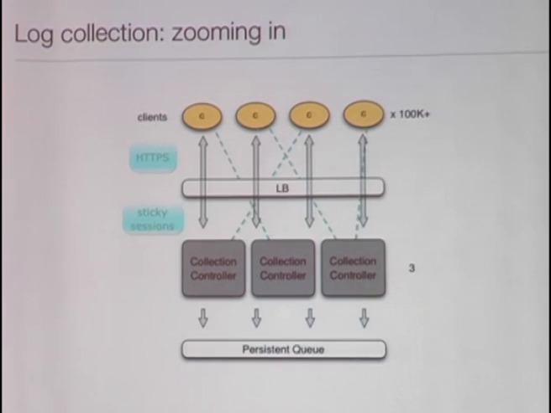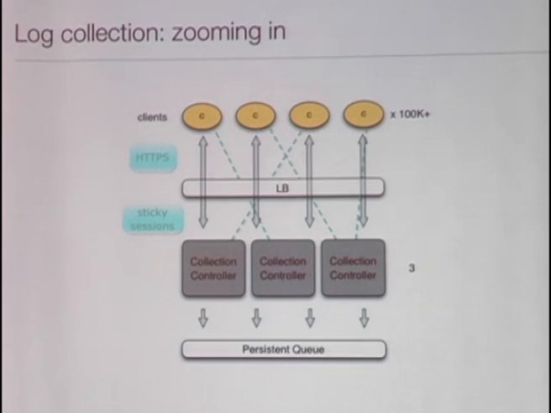Another thing that makes it different is that the collection controllers basically receive a portion of collection logs. This is the brain of the system, by the way. We keep clients very simple, and the collection controllers decide what to collect, when, from which host, at each interval, and what to do with collected data.